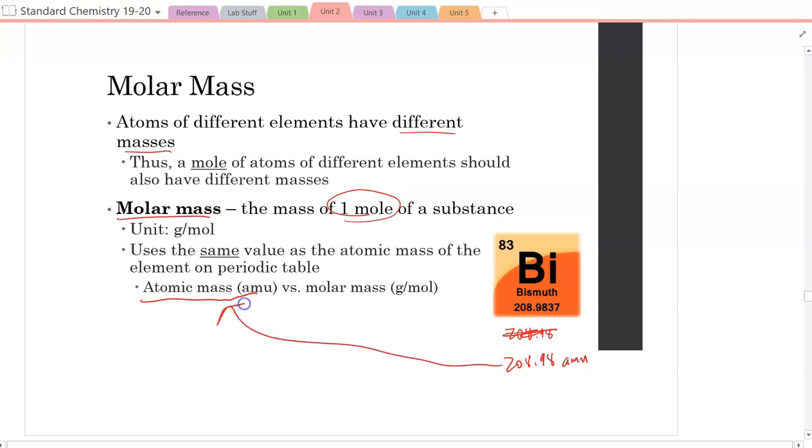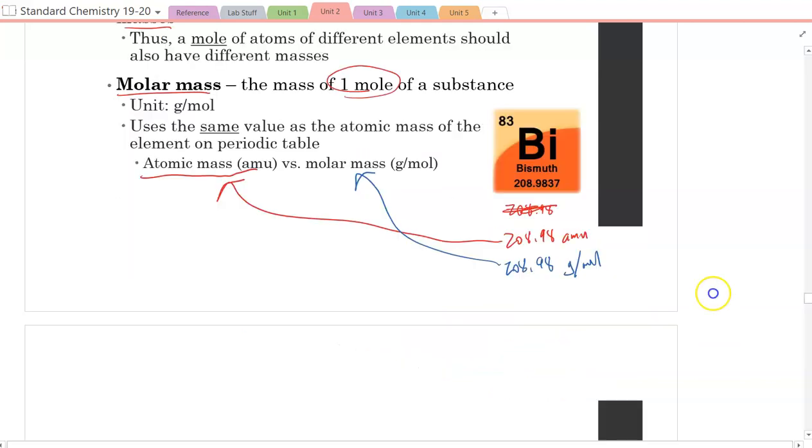That corresponds to the red here. But if we're talking about molar mass, we just do 208.98, in this case, grams per mole. And that's what we use for molar mass. Exact same number, just using the appropriate unit in the work that we do. So if we're talking about atomic mass, use AMU. If we're talking about molar mass, use grams per mole. But the number is still identical.